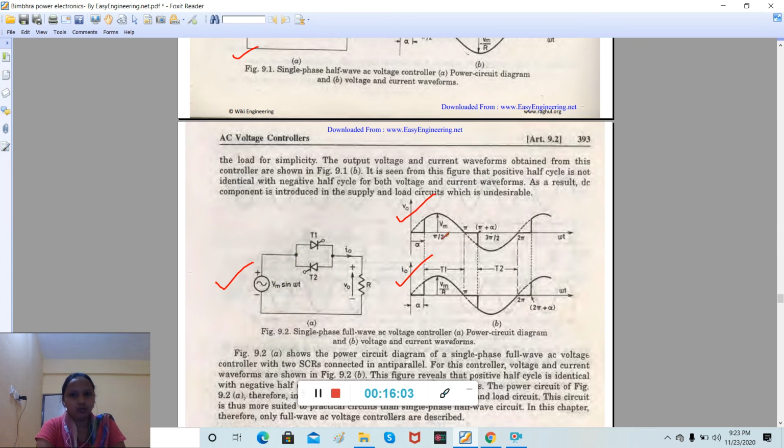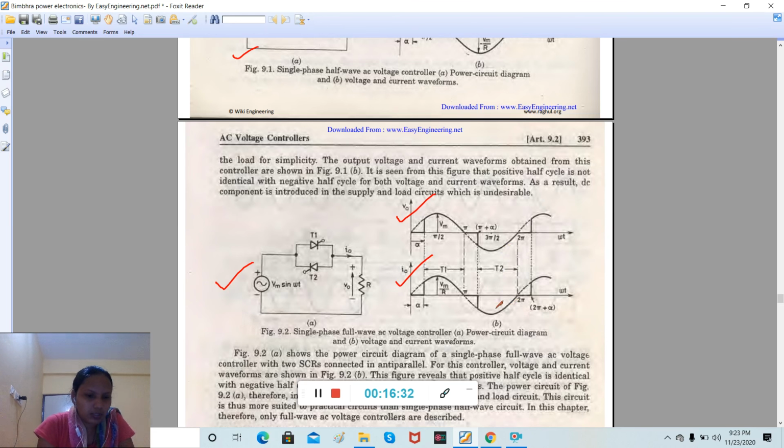When T2 is fired at an angle pi plus alpha, we get the output voltage waveform like this, up to angle 2 pi. The current waveform is also in phase with the voltage waveform. So these are the output voltage and output current waveforms in case of the full wave AC voltage controller.